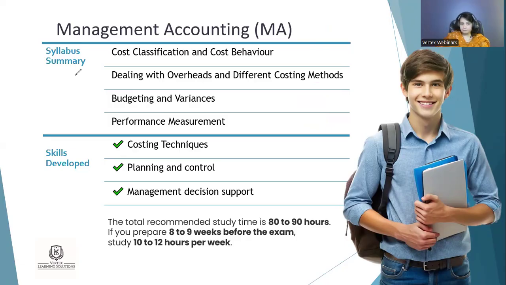Cost could be production related cost, if we are having a production kind of business. Production cost, non-production cost, and some selling and distribution cost is there, right? And research and development cost. You are going to study how to classify cost.